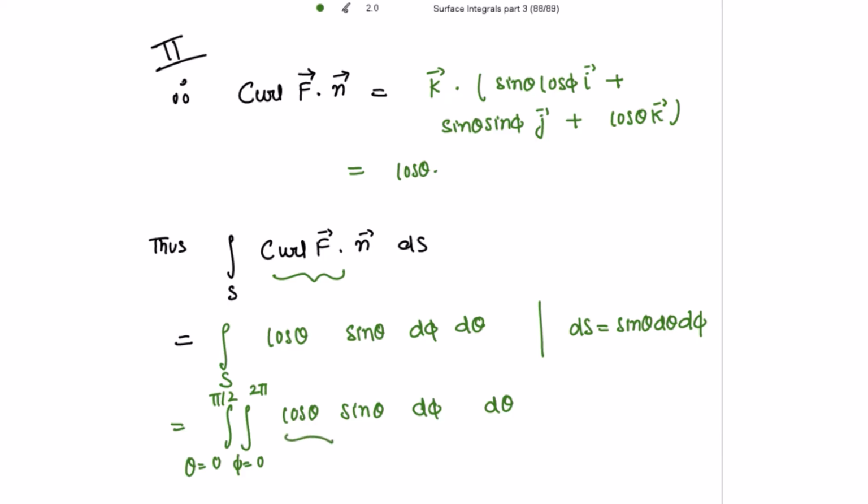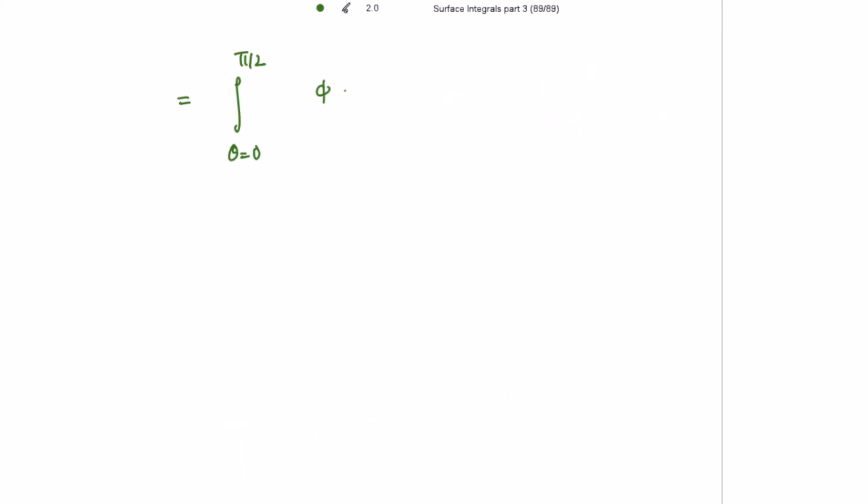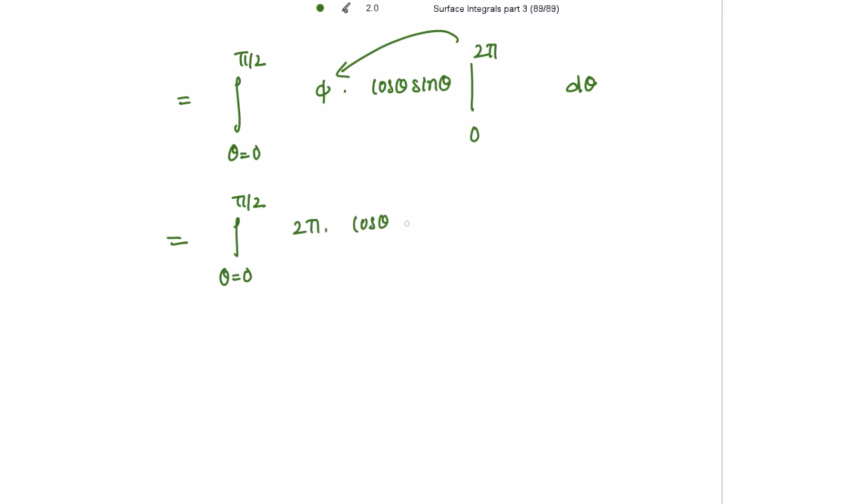So now integrating this with respect to phi, we are getting phi into cos theta sine theta with limits from 0 to 2 pi, and here writing d theta. Putting the upper limit, we get 2 pi into cos theta sine theta minus, when putting the lower limit, we get this to be 0.